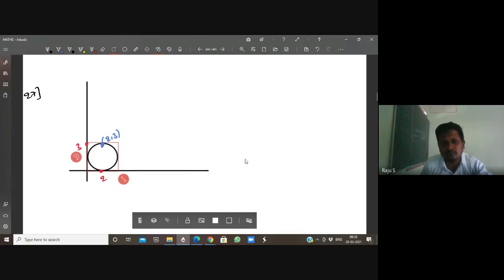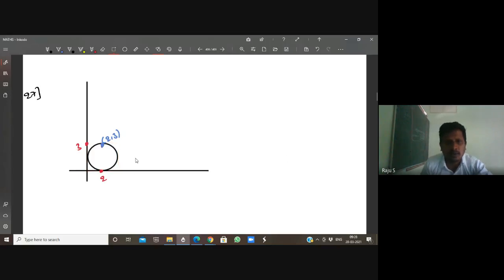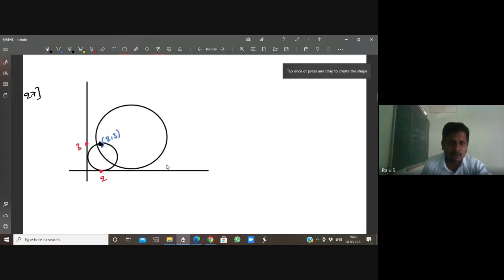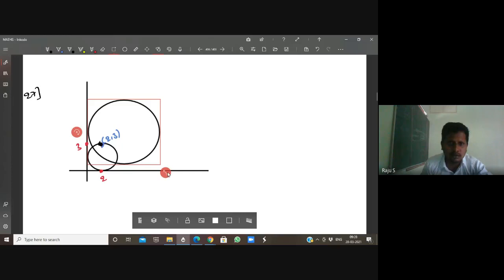Is it okay? Right? This is a circle touching both axes and passing through the point (2, 3). Right? And also we need to draw another circle that is also passing through the point, but it should not be a small one. Very good.